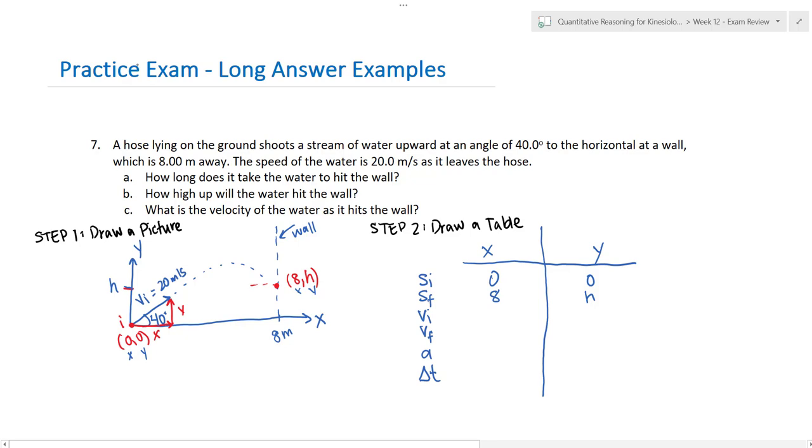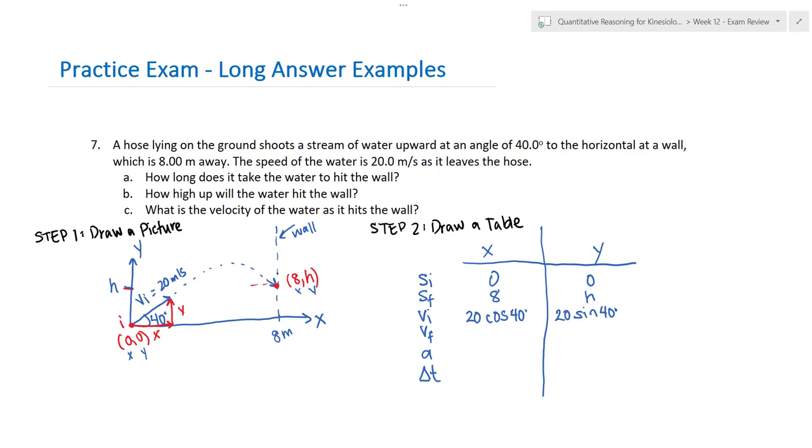So when we're finding our x component, since it's adjacent, we would use cos. So it would be the hypotenuse, 20 cos of the angle, 40 degrees. And when we're looking for y, since it's the opposite side, we'd use sine, 20 sine 40 degrees. Our V final is the speed as the water is hitting the wall, and we don't know what that value is, so we're just going to leave that blank because we don't know anything about it.